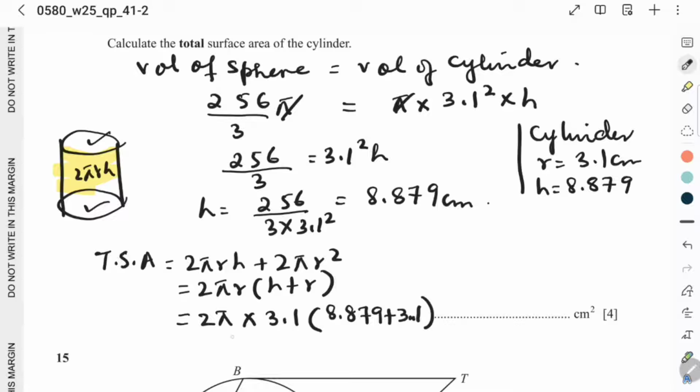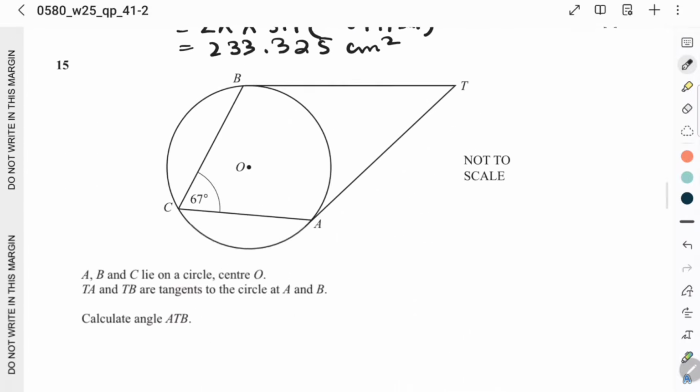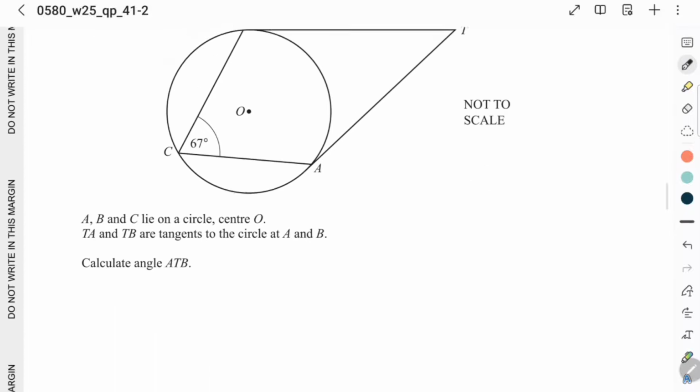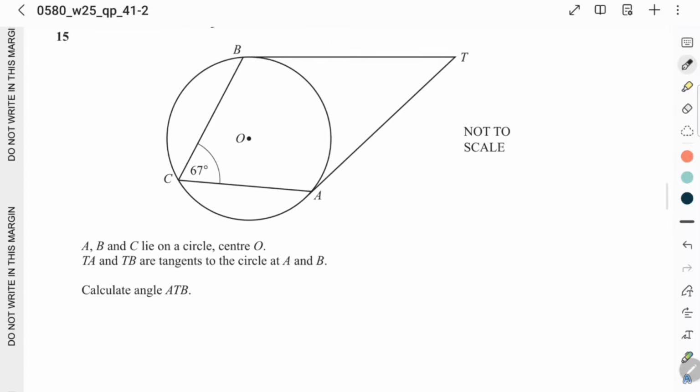All right, take your calculator and find your answer. It's a 4-mark question. So that is 233.325 square centimeters, or you can write 233 square centimeters corrected to 3 significant figures. You can also write 233.3 to 233.4, which is also an acceptable answer.